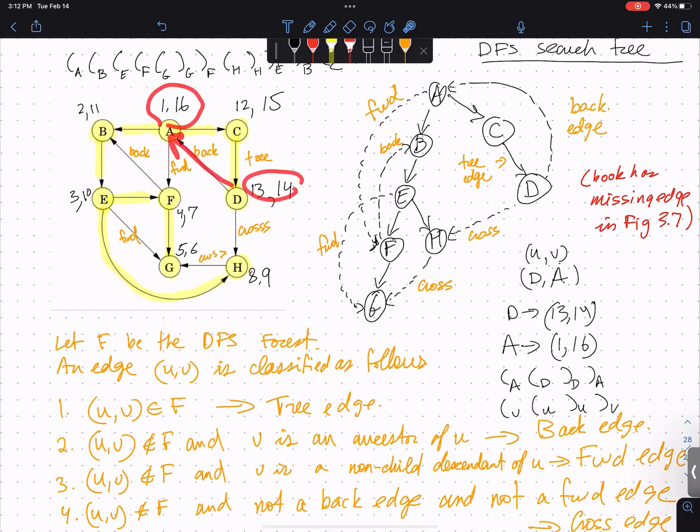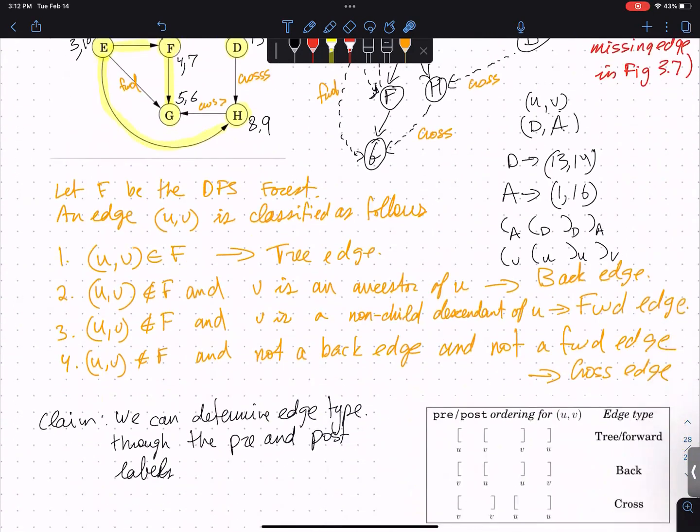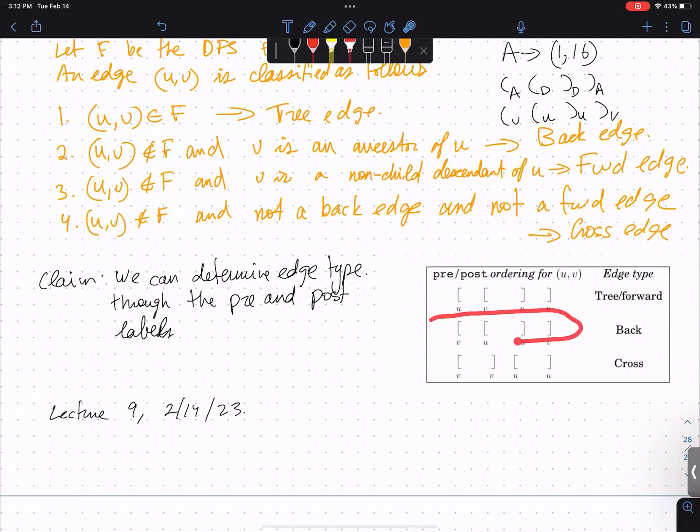Here's a back edge, and we see that the interval of the vertex from which the edge begins is contained in the interval of the vertex where we're going. We were showing here that for the edge from U to V, the interval of U lies within the interval of V. That's another, equivalent way to classify a back edge.